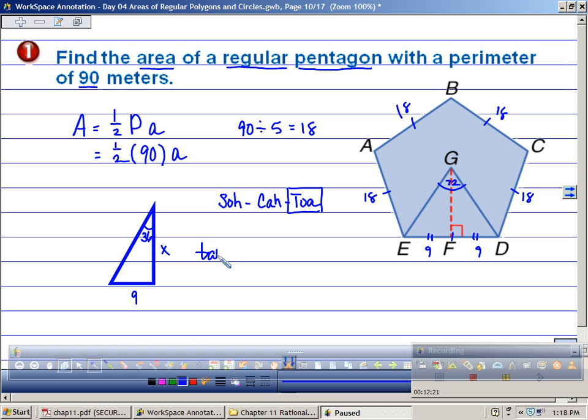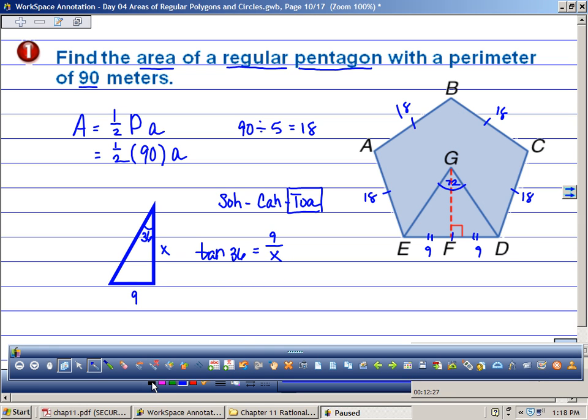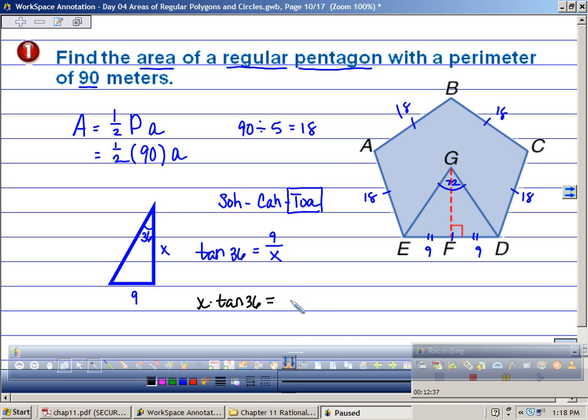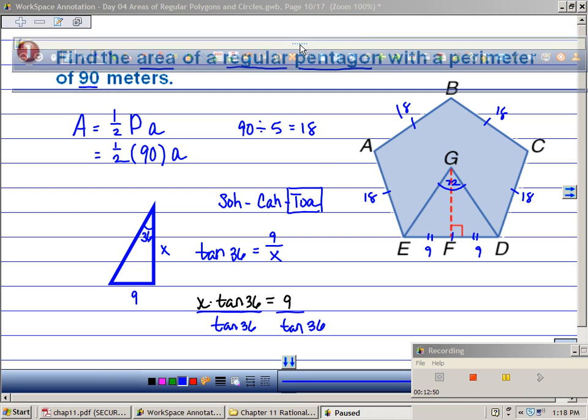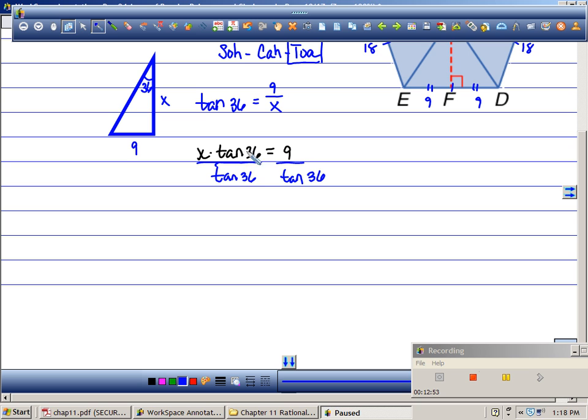So I'm going to use tangent of what? 36 equals 9 over x. I'm going to multiply both sides by x, and I get x times the tangent of 36 equals 9. Then what do I do? Divide by tangent of 36. Oh, we're not done. Don't worry. As promised. These cancel out.